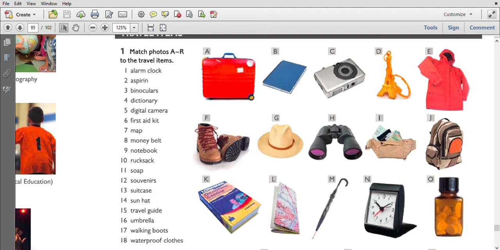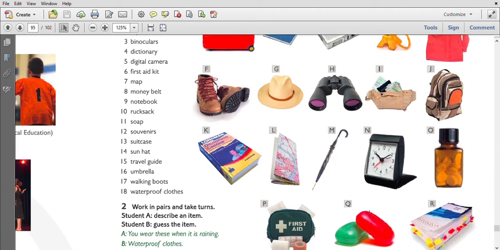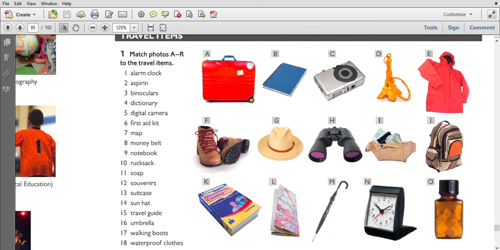Soap. Number 11. Q. This is soap. Then souvenirs. Souvenirs is D. Suitcase. A. This is suitcase. Sun hat.